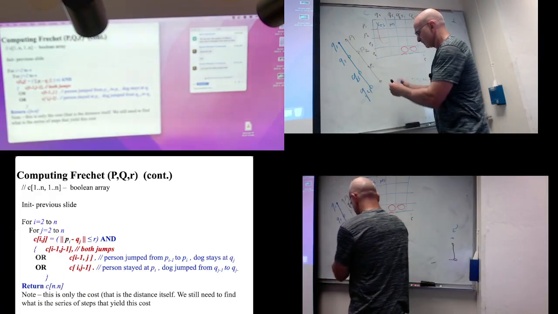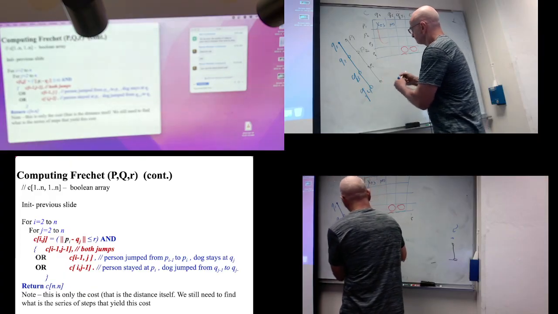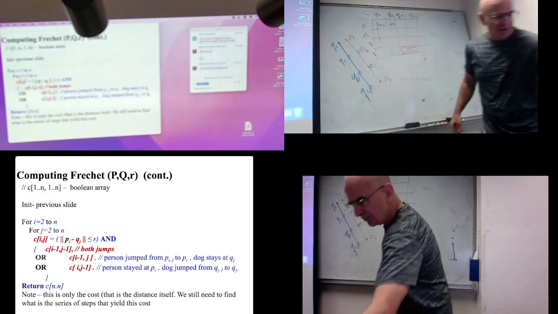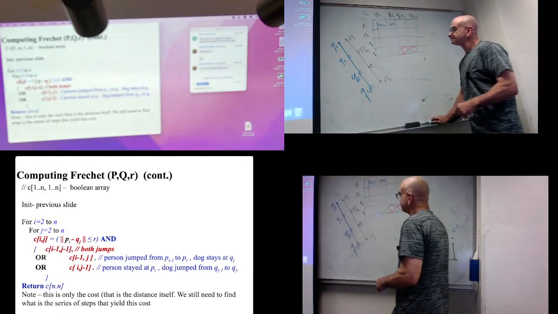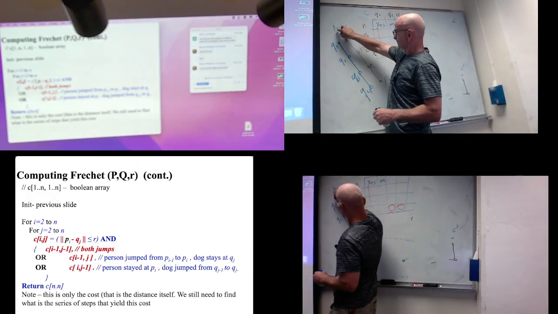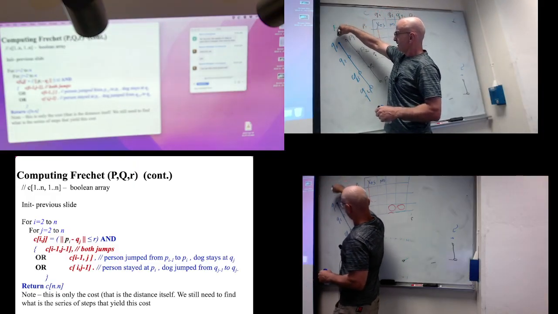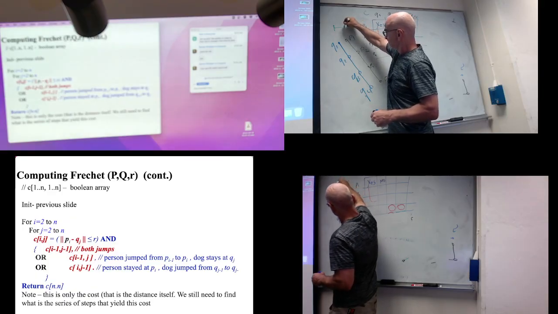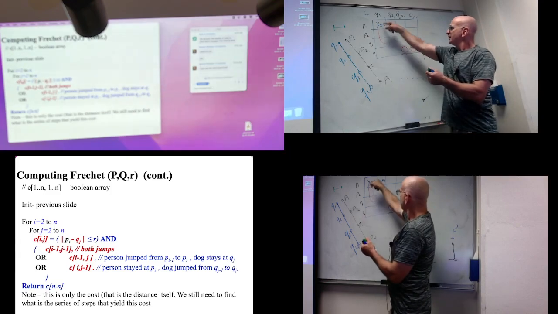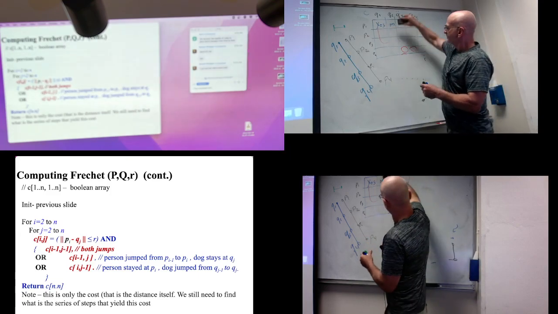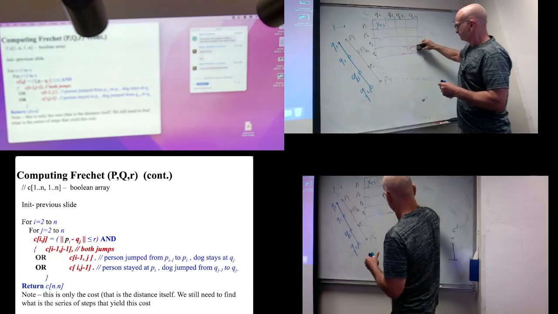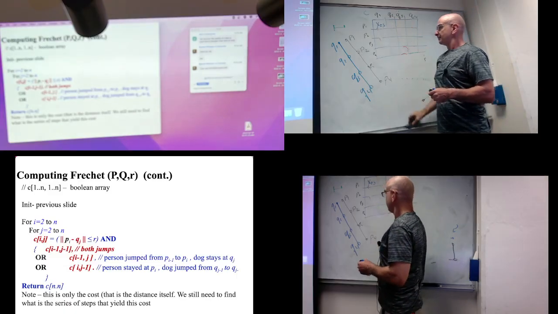That would be actually P4. And my target length of the leash in this example is this length of a leash. Okay, let's fill the table with these two curves. Very, very simple example, very synthetic example.